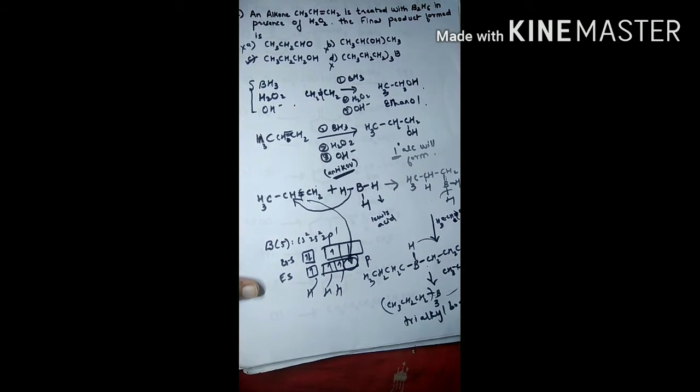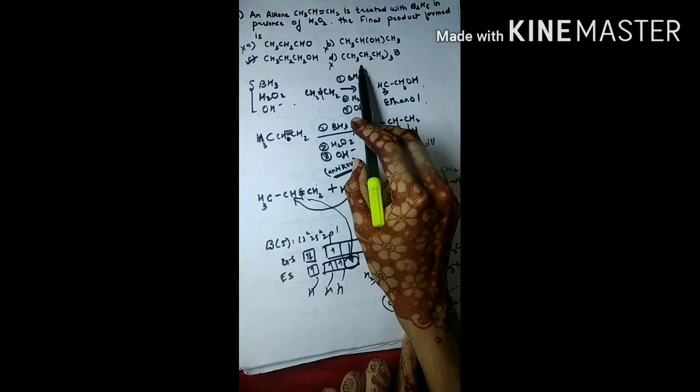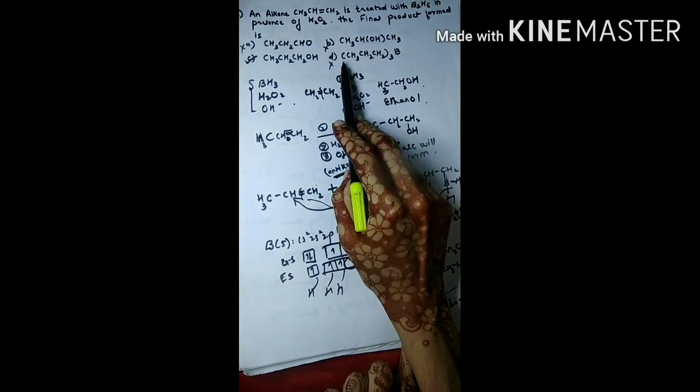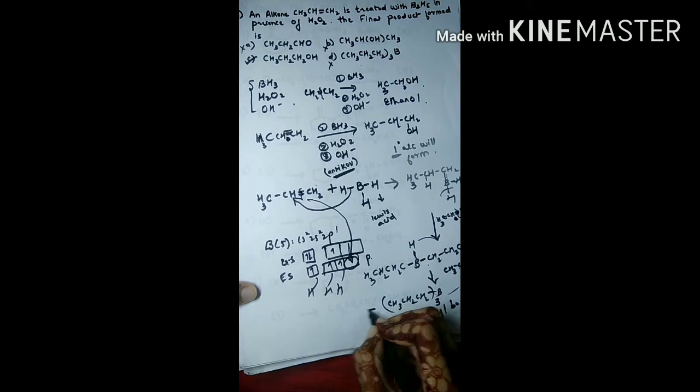Like this we got trialkyl borane. So here you all can see why we have cancelled out this option, which is option D, trialkyl borane, which will not be the final product because now the oxidation takes place in the basic medium.